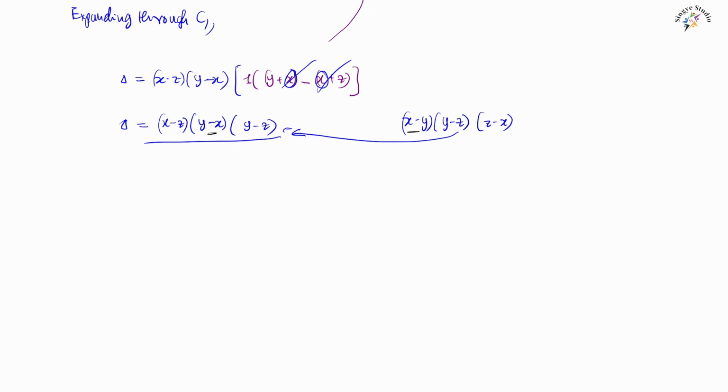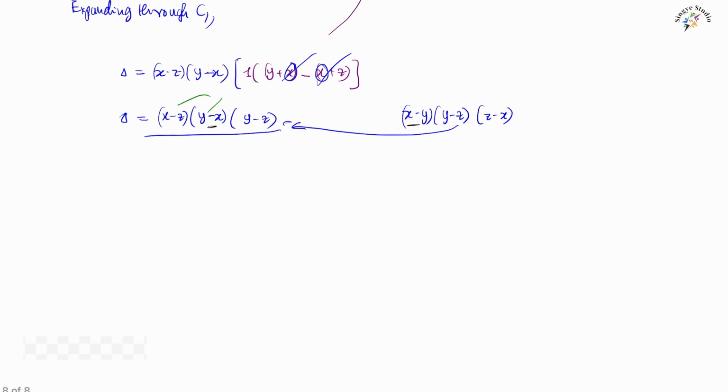So how can we make these into z minus x and x minus y? It is simple, as I told earlier, by taking the negative of it. So our final value of determinant is, here I can take negative of x minus z and negative of y minus x times y minus z, so that this negative and this negative will become positive, right?